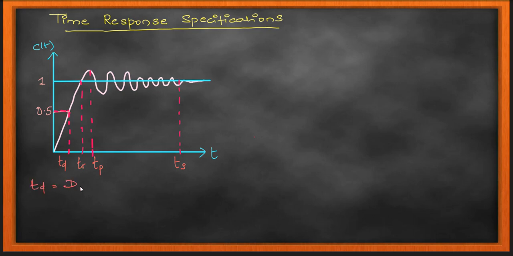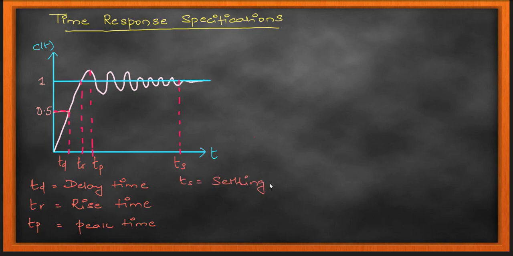From these graphs I can specify some values that are very important from the system design point of view. Whenever I'm designing my control system, I can use these specifications to tell whether my system is adequate or not.